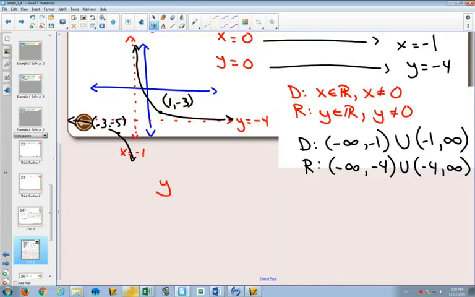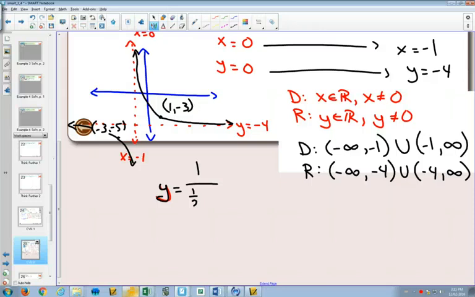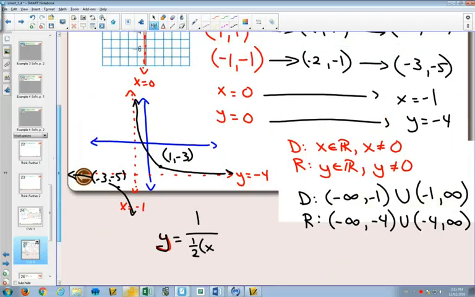I'll write it in black. Well, it's 1 over. You have a horizontal stretch, compression, and a horizontal translation, so it has to be written in its factored form. The x by 2, right? It was x by 2. X by 2 shows up as a half, bracket, and then we moved left how many?